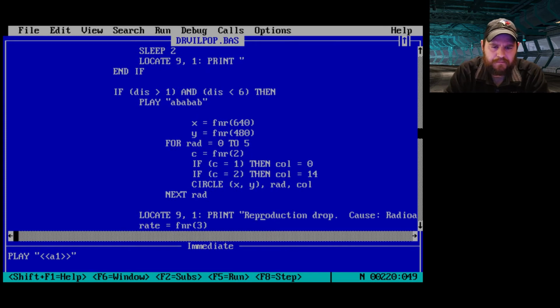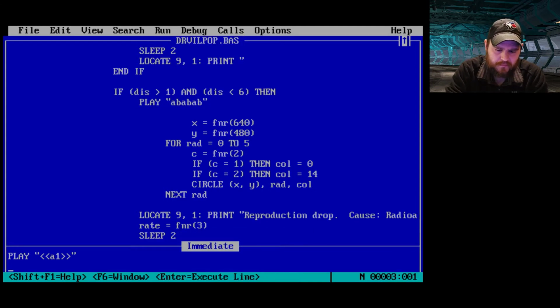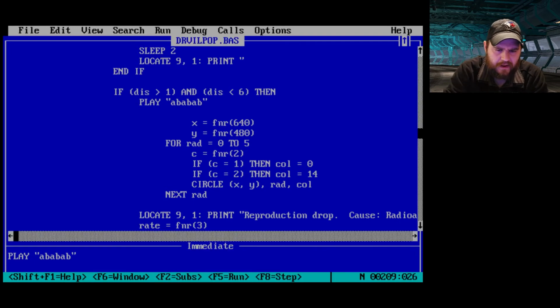Okay. If it's between 1 and 6, we're going to play this awesome thing. And I'm only assuming it's awesome, but I think it is. Okay, what is that? Randomly, a dot on the screen. Radius equals 0 to 5. C is randomly between 1 and 2.